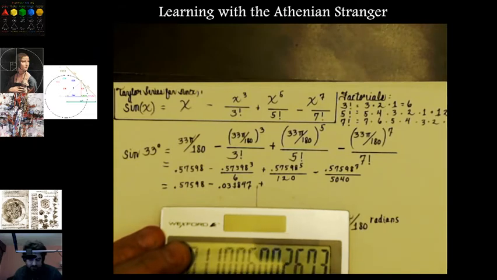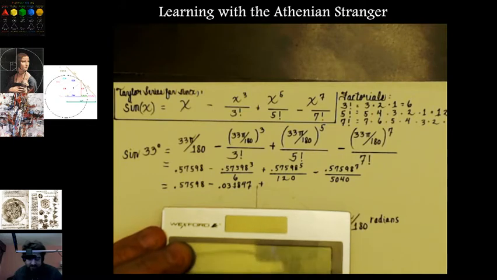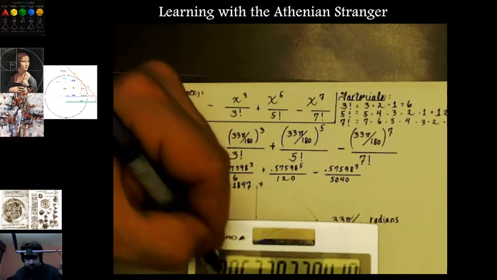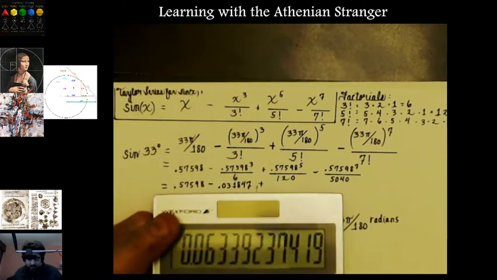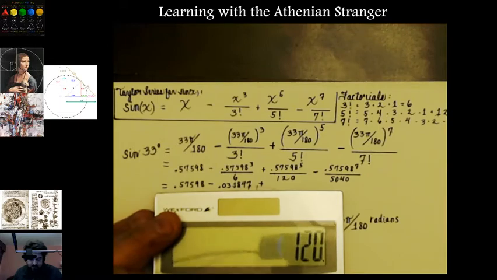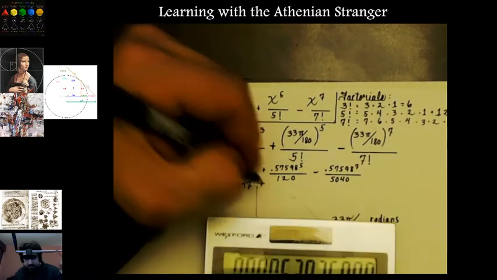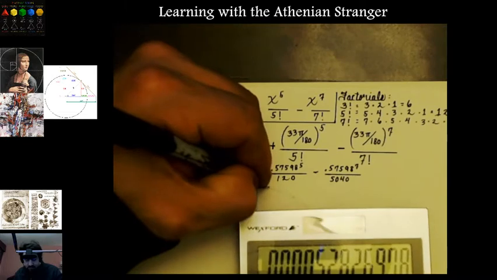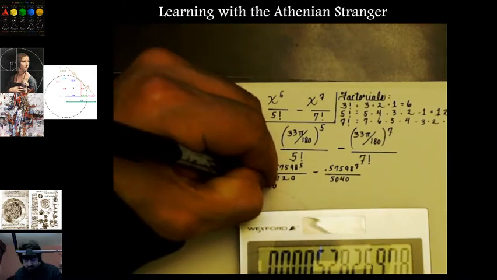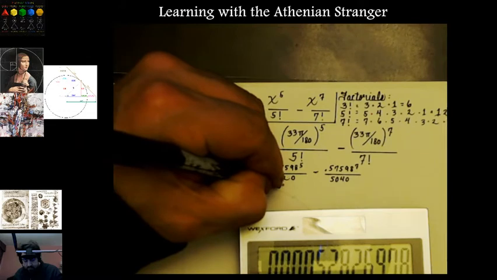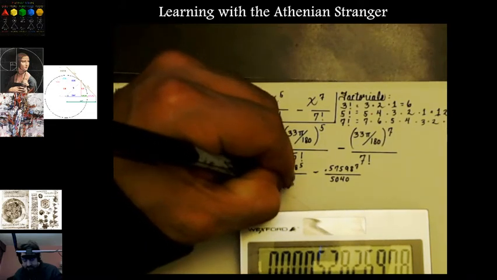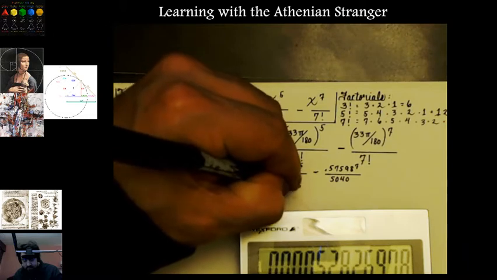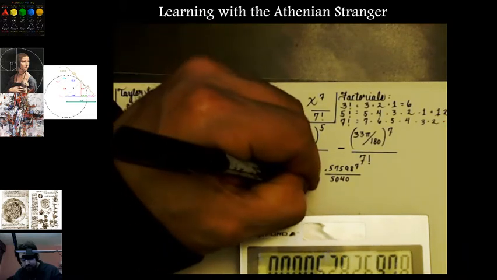That was 4. 0.57598. That's 5. So 0.063392. But remember, we divide that by 120. Divided by 120 gives us this very small decimal here, 0.0000528.